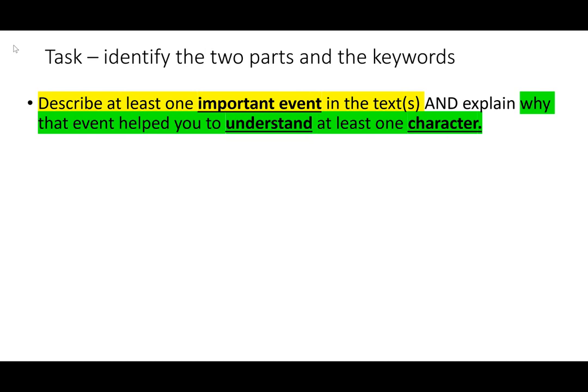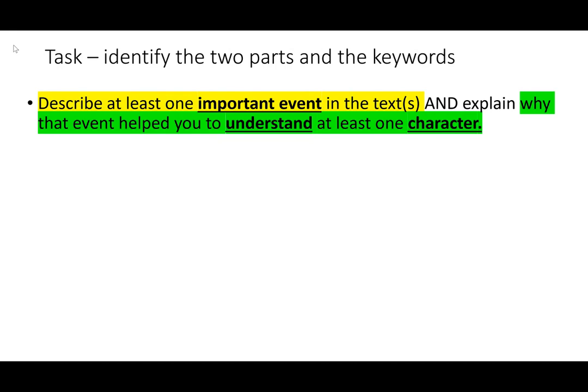Okay, so the first part is the bits before the 'and' and the second part is the bit after. So I'm doing two things in this essay. I'm describing an event and I'm explaining how it shows character. Those are my verbs, describing and explaining. So the keywords there are important event and understand and character.